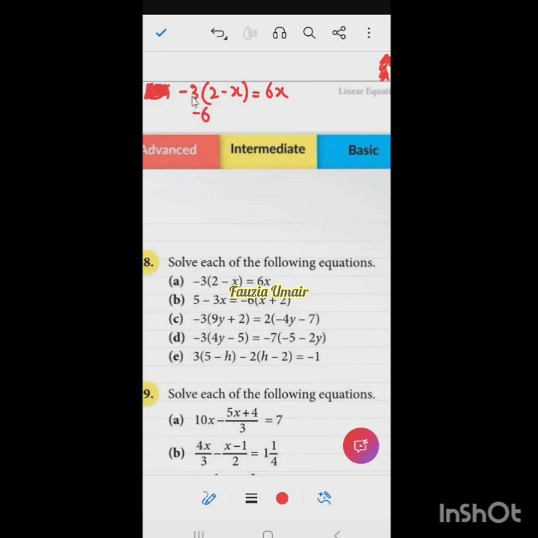Now minus 3 into minus 6, and then plus 3x. Plus 3x is equal to 6x.